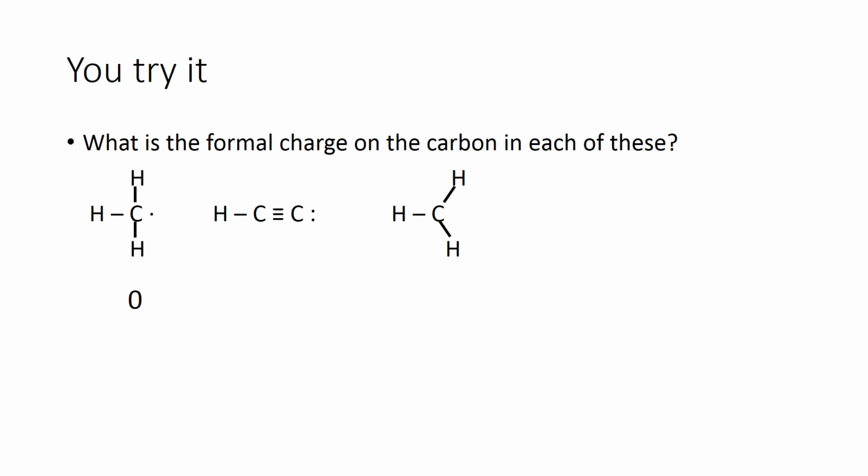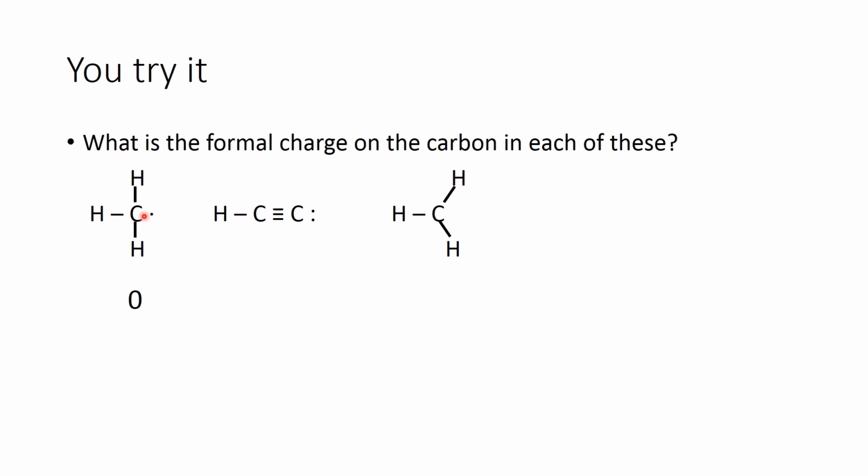Okay, if we look at this first answer, the first molecule, this is what is called a methyl free radical. Now, what we need to do is count the number of electrons on it formally. 1, 2, 3 bonds, so that means 3 electrons. Now there's only a single electron on the carbon.